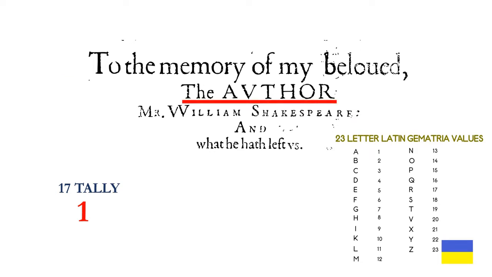Next, we add up all of the gematria sums for the uppercase letters in line 2. That's the T, A, V, T, H, O, R. They add up to 98. Of course, 9 plus 8 is 17, meaning that this is a digit sum number.